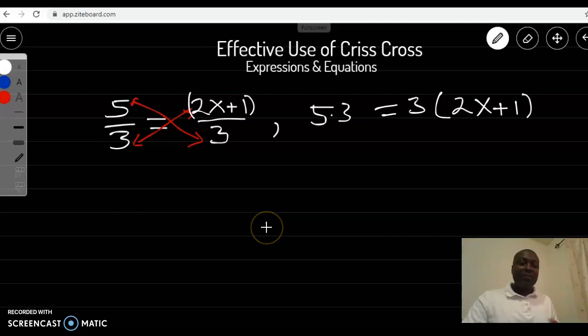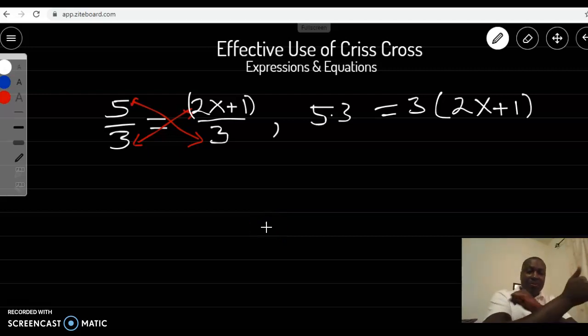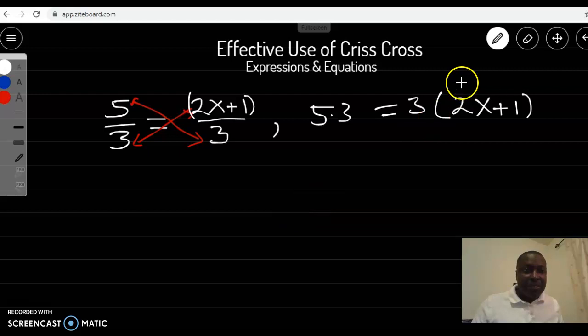So now when we do the Criss Cross multiplication, we realize that the fraction is gone. Now we have all of them in the same line or in whole numbers so that we are able to deal with it. So here 3 times 5, that gives us 15.